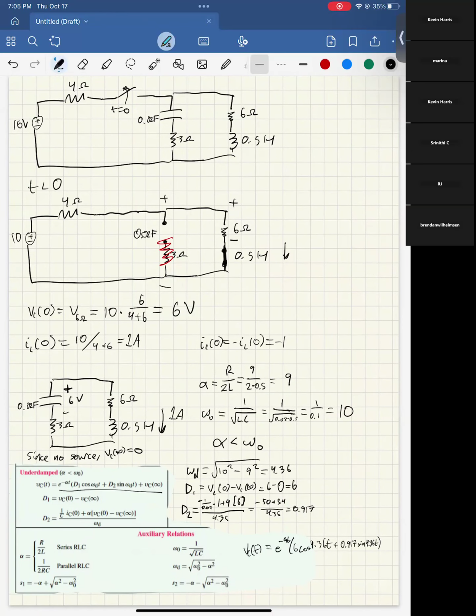And VC of infinity, as we found earlier, is just 0. So this would be our final answer, for t greater than or equal to 0.